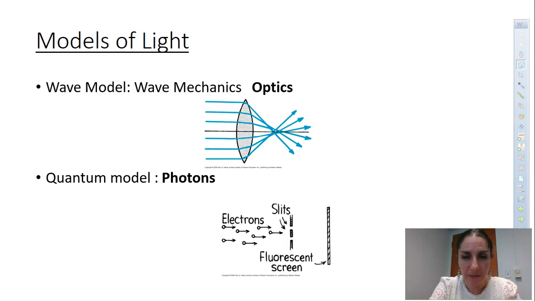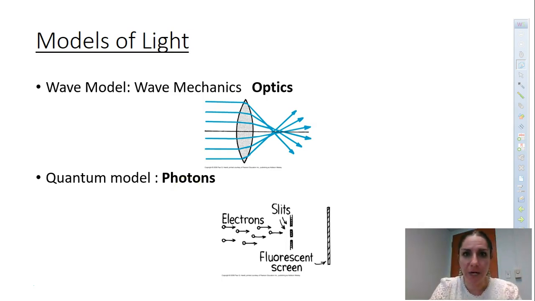And right now in this class we've been talking about waves. So we're actually going to do the wave model of light, and we're going to continue on that journey. And the wave model of light will go into what we're going to study next, which is called optics. But the other model has to do with particles, which is photons.